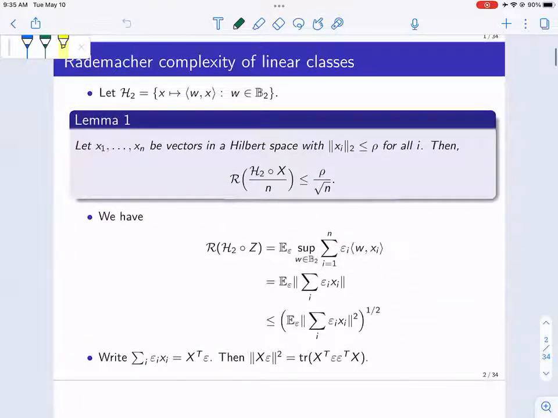So last time what we did was look at the Rademacher complexity of this linear function class.